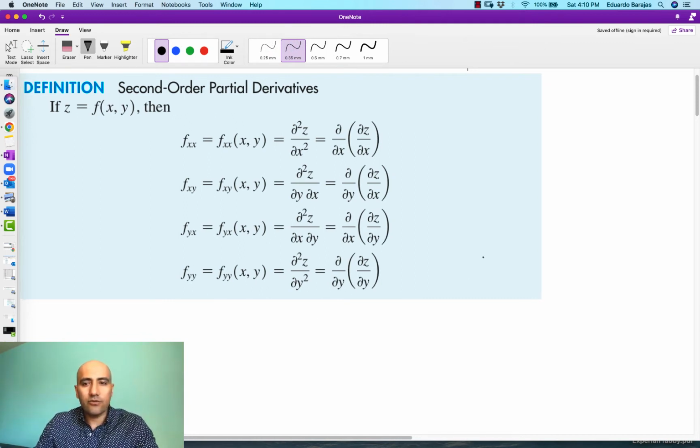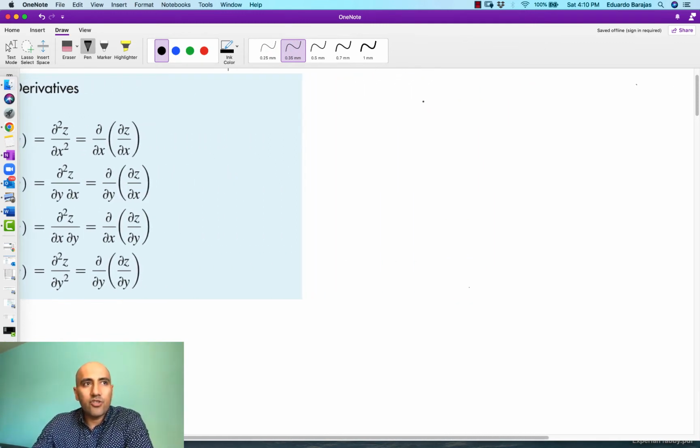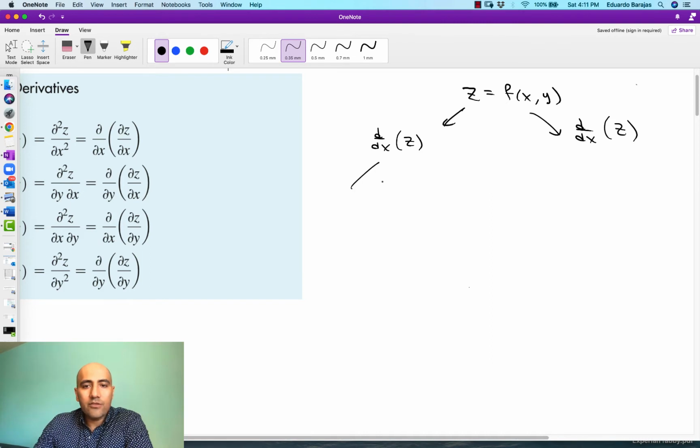You can see this as a little tree where we have some function z equal to some f of x comma y, and then we can either take a derivative with respect to x on the function z, or we can take a derivative with respect to y of z. Oops, I meant to put derivative with respect to y over here.